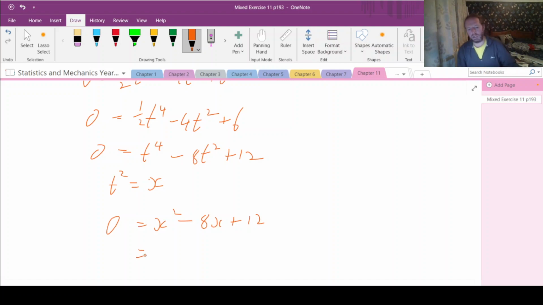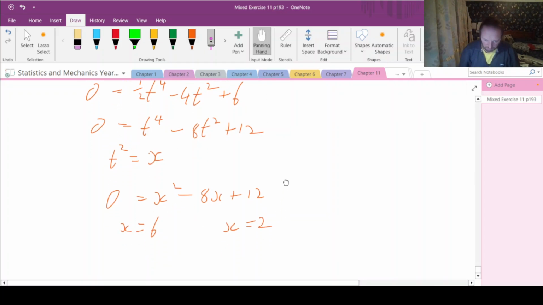We can use a polynomial solver on that, and hopefully it's going to give us some roots. So let's put that into the calculator. Equation polynomial, second degree. 1 on that, minus 8 here, and plus 12. We get x is equal to 6 and x is equal to 2.